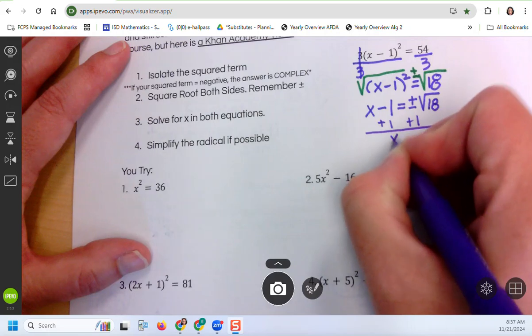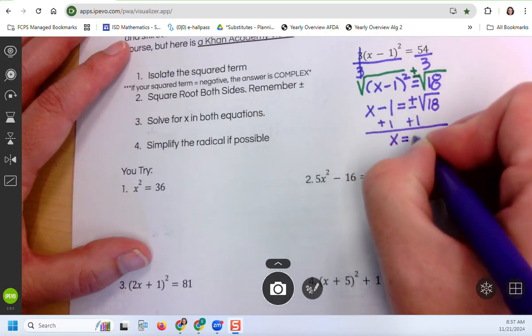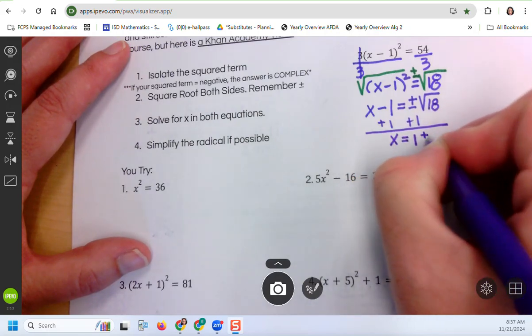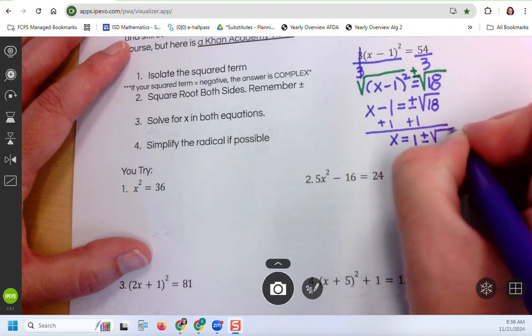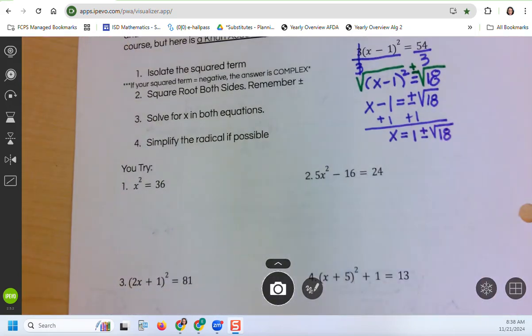Well, actually, it's not completely done, but it's going to have this format. 1 plus or minus root 18, which means one answer would be 1 plus root 18, and the other answer would be 1 minus root 18. The reason it's not done is because we can simplify the radical root 18. Was that one that we did on the front? Did we do root 18 already? I don't think we did. So we're going to make that factor tree for root 18, and then we're going to figure out what that would be. I'm just going to do it on the side.